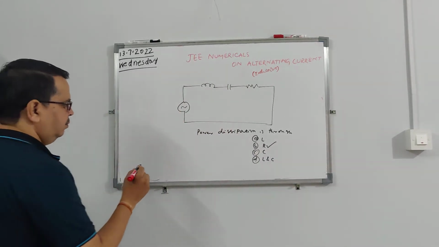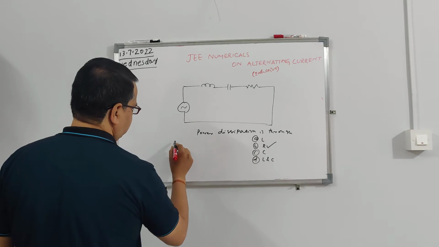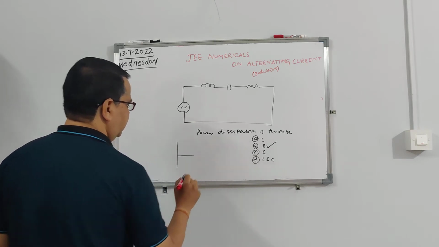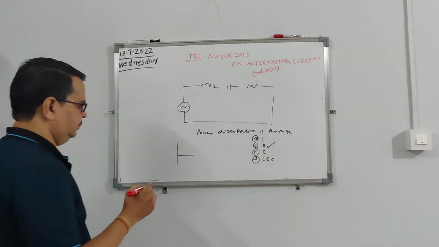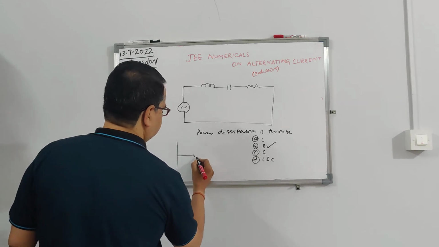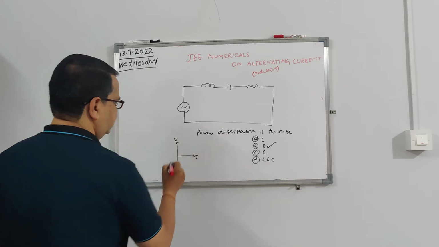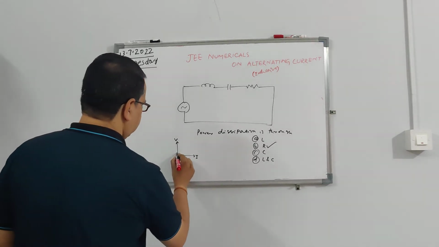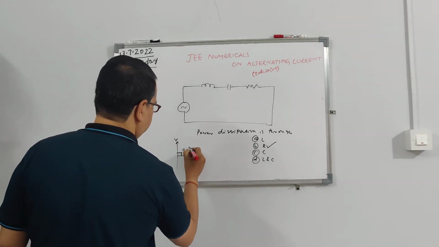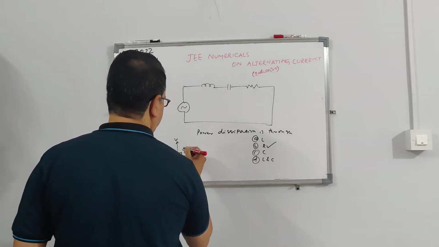Why? Because when it is an inductor, your current will be this, your voltage will be this, so there will be a phase angle of 90 degrees. This is for inductor.